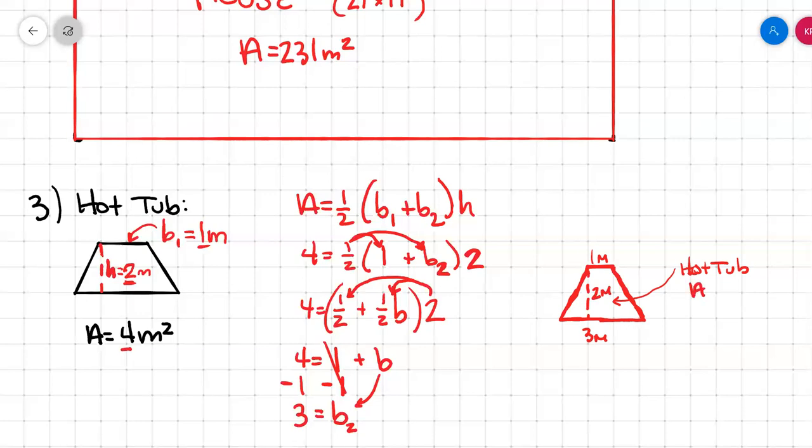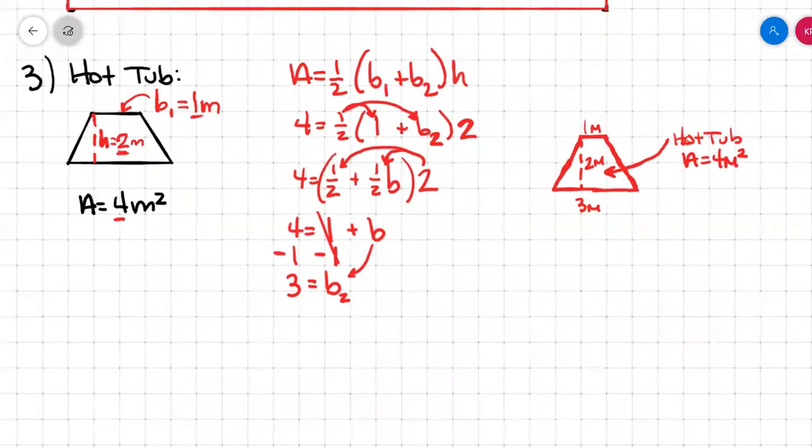Then over here we're going to put area equals 4 meters squared. So you draw that where it tells you to on your picture, and I believe it says the hot tub is on the deck. So after you've drawn the house and the deck, then you can draw your hot tub on top of it.